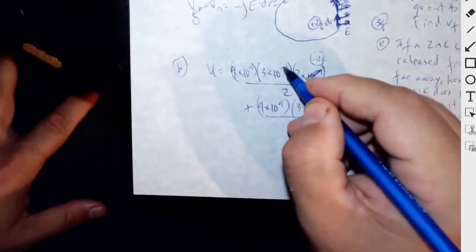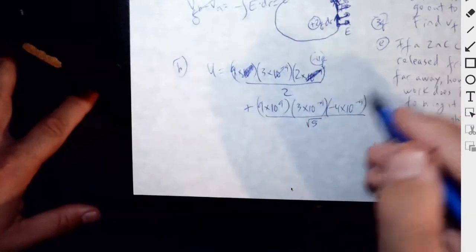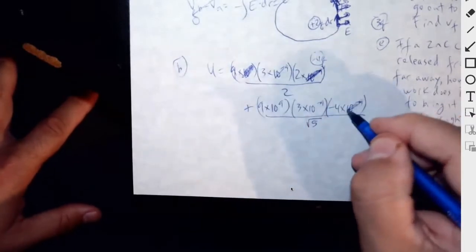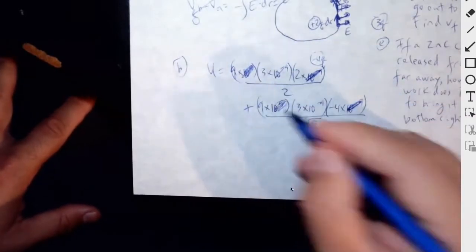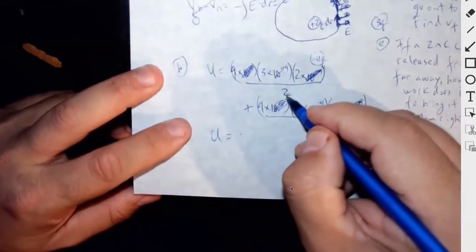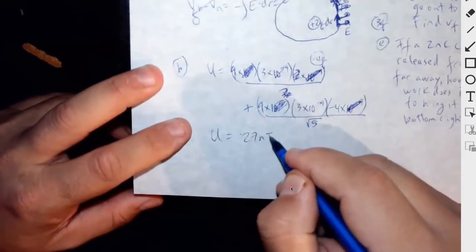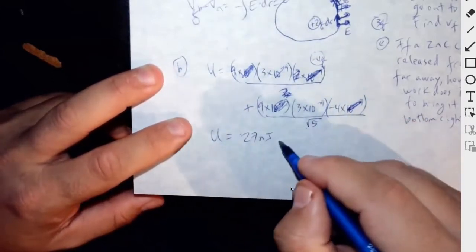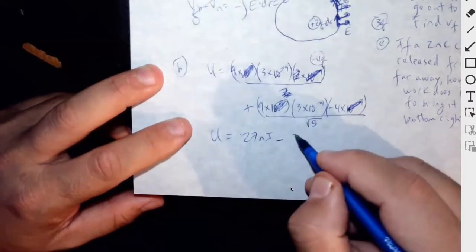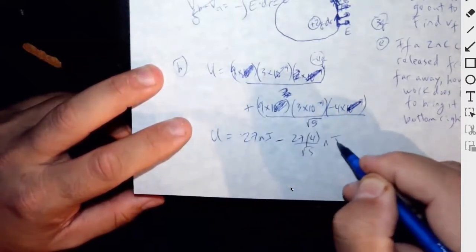That's the potential energy. Let's see here. This one cancels this one, and then the nano is left. This one cancels this one. Nano is left. So then you have U is equal to, oh, the 2 cancels the 2. So 27 nanojoules, and then minus 27 times 4 over root 5 nanojoules.